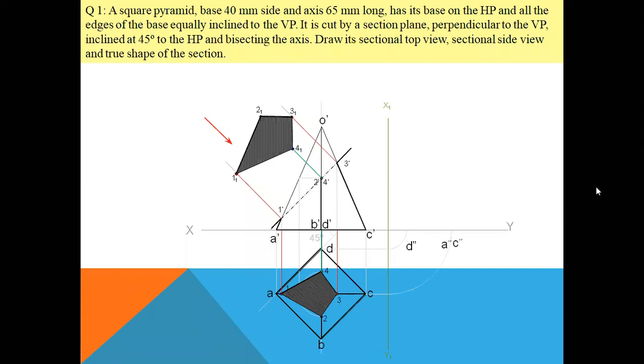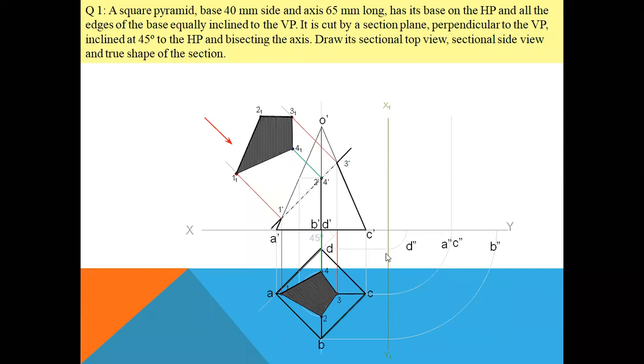Corresponding to A and C, they are coinciding, so A double dash and C double dash. And corresponding to point B, we are getting B double dash. How we are getting this point is, we are projecting this line till the XY line and putting the compass at this point, taking this length, we are just rotating this.